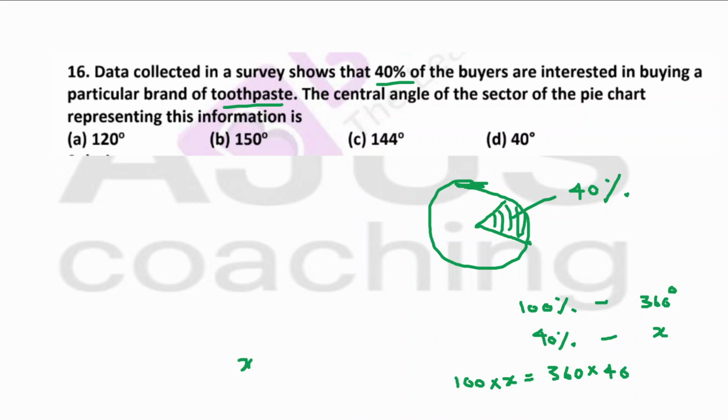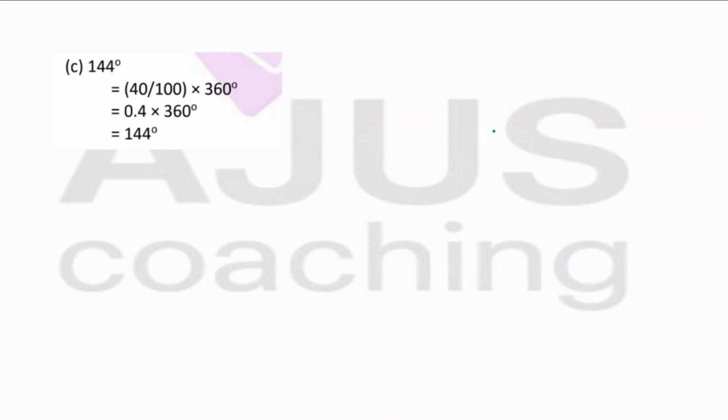This implies x is equal to 360 into 40 divided by 100. Cancelling the zeros, 4 sixes are 24, 4 threes are 12 plus 2, 144. 144 degrees is the right answer. So your option should be option C. Okay, please correct your solution.